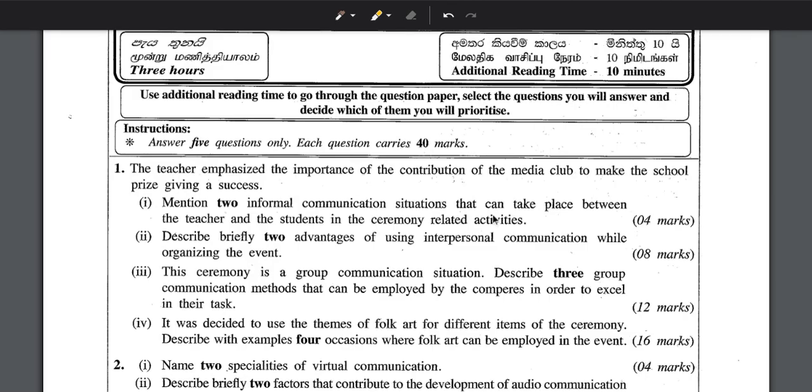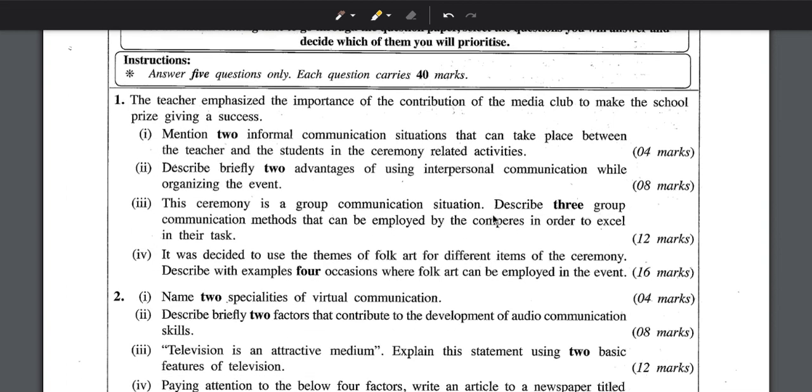If they are asking 2 facts, you have to write those 2 facts. If they are asking 3 facts, you have to write those 3 facts. If they are asking 4 facts, you have to write those 4 facts. After that, you have to write a brief explanation or description, and also a suitable example. Okay, so that is the structure. Those are the things that you have to understand when you are answering a question.